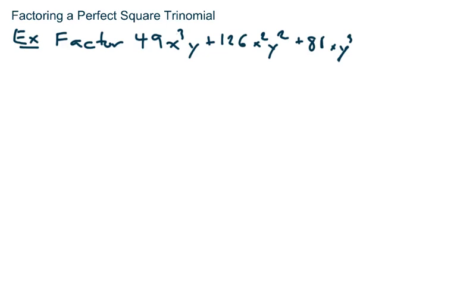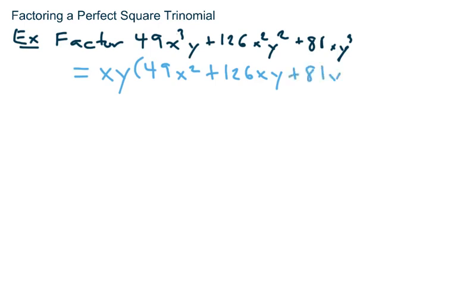So before we do anything else, we want to factor out an x times y, which would leave me with the first term, since 1x has been factored out and the y, 49x squared. From the second term, factoring out 1x and 1y, 126xy. And factoring out the x and one of the y's from the final term, 81y squared.